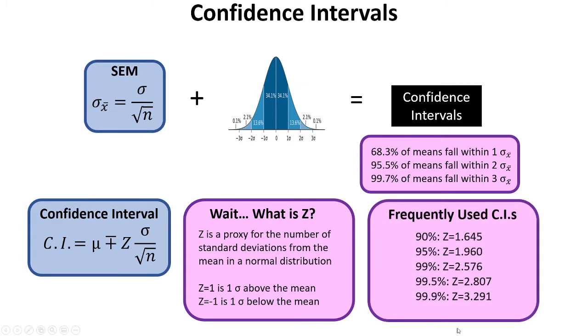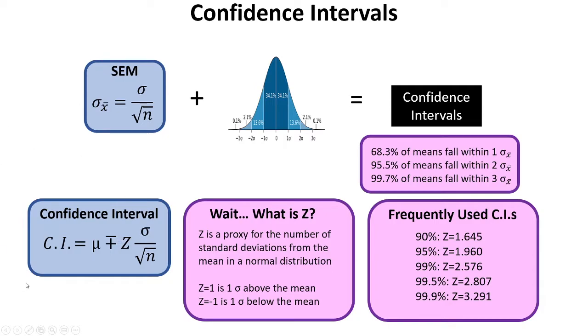Right? You might recognize some of these frequently used confidence intervals, because of these properties that we know. Now, 95% of the probability distribution for a normal distribution falls within plus or minus 1.96 of the mean, right? 95.5% falls within 2 standard errors of the mean, right? So 1.96 is 95%, right?